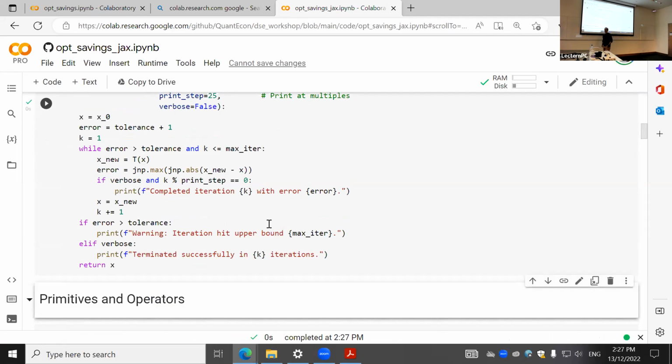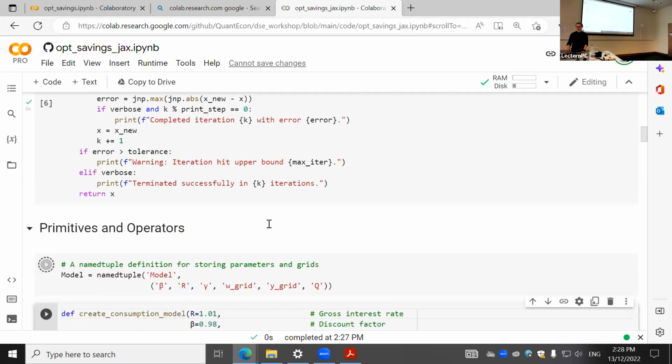Anyone who's written anything with MATLAB or NumPy is going to be very familiar with this idea of trying to get rid of loops and put everything in vectorized operations. That is going to allow JAX to see the whole operation.